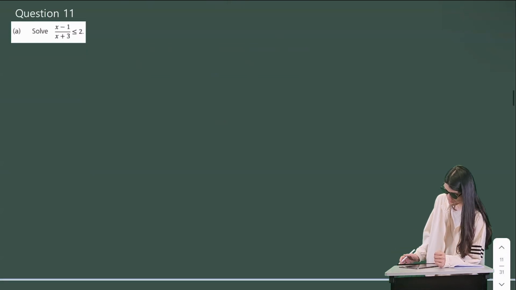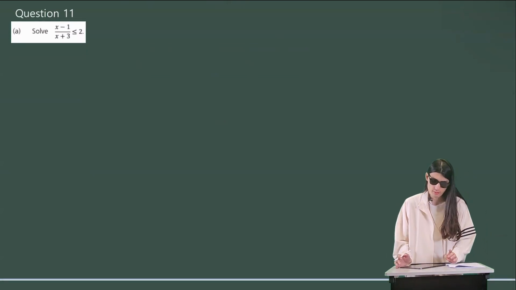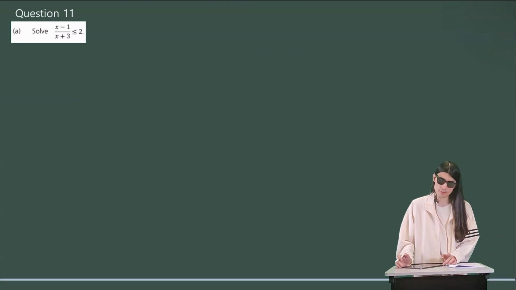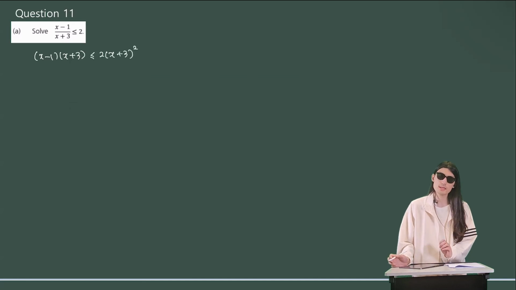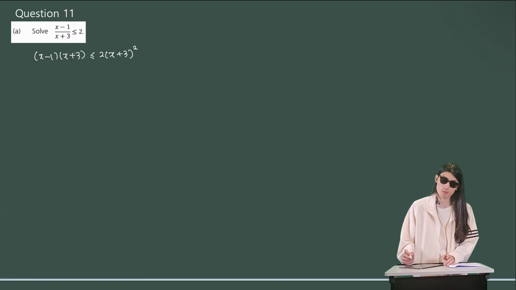Question 11. Solve the inequality. Right, multiplying both sides by x plus 3, all squared, produces that. And rearranging this gives a quadratic inequality.